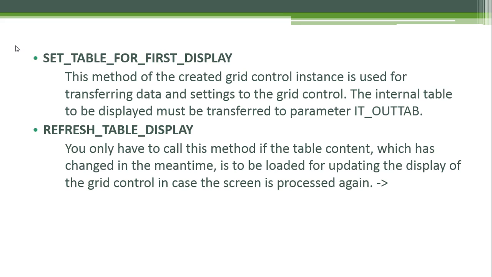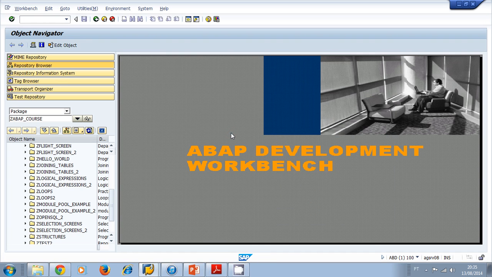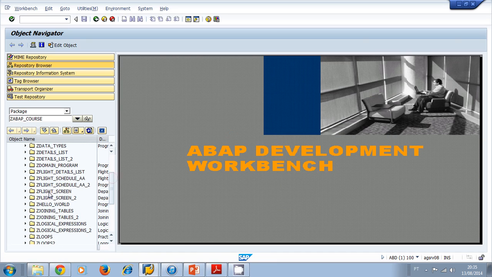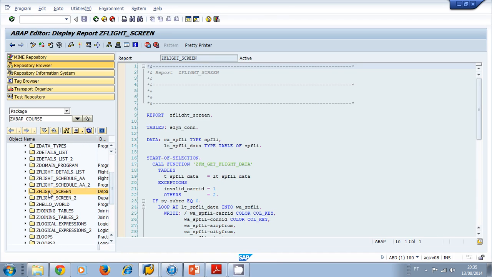So now let's go back to the system and let's finish implementing our ALV grid. So let's go back to our program and let's start implementing our ALV grid. So I'm going to go back to my program, the flight screen.